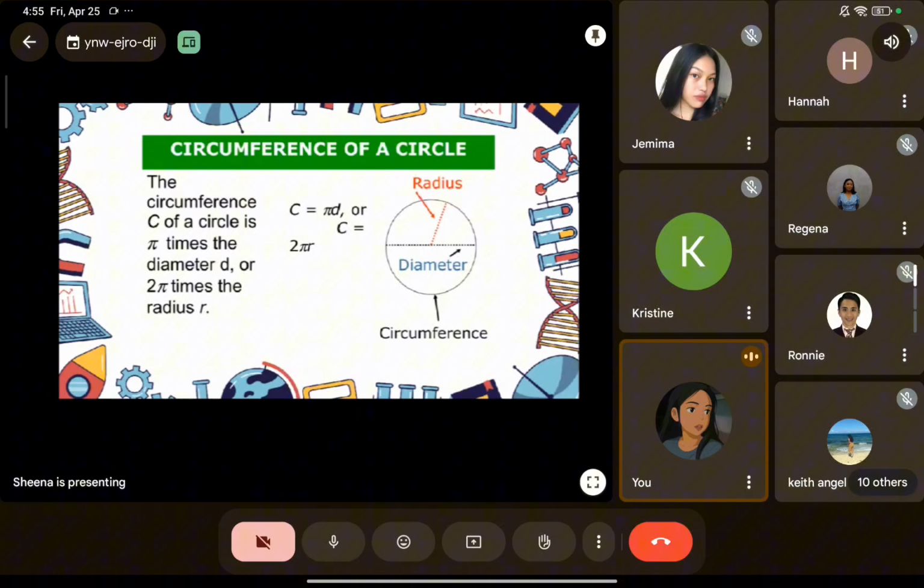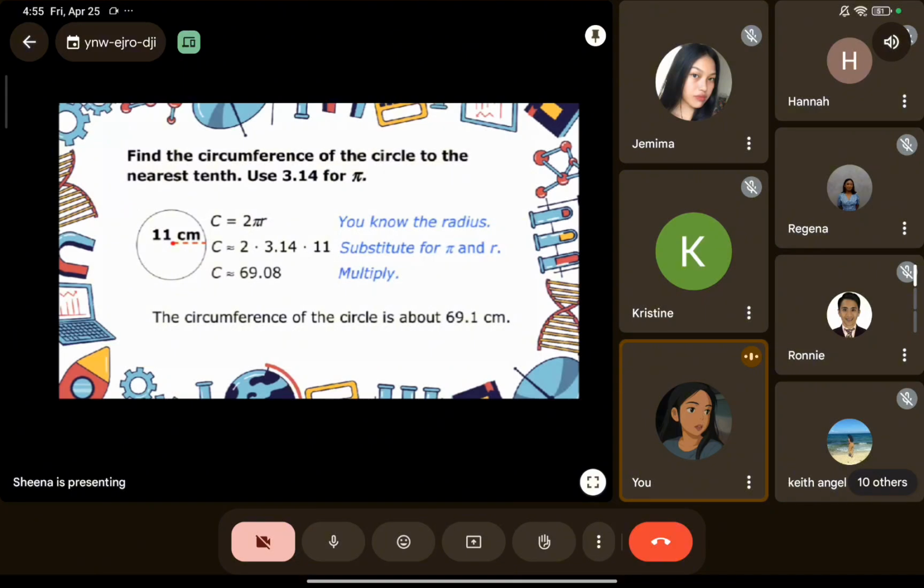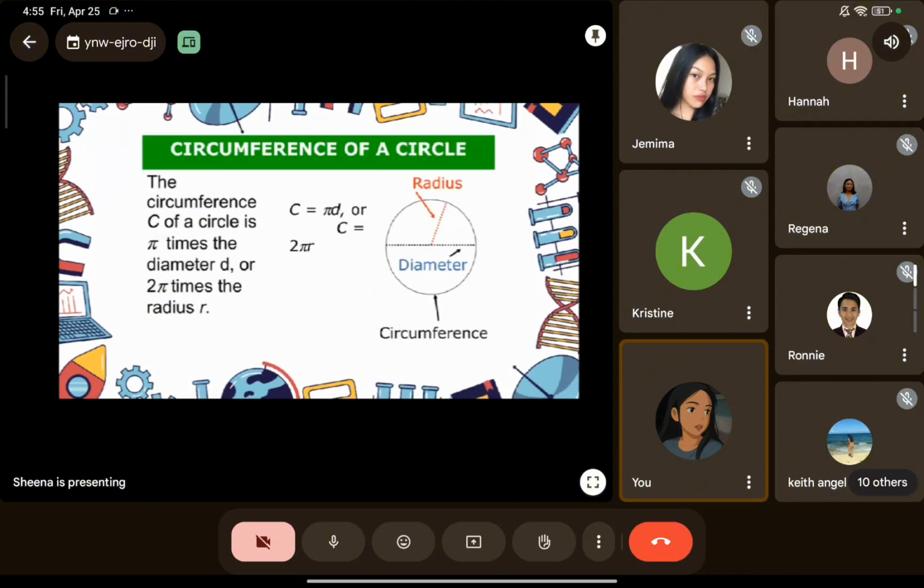The line segment that passes through the center and whose endpoints lie on the circle is what we call the diameter.